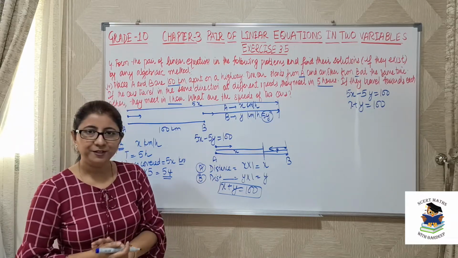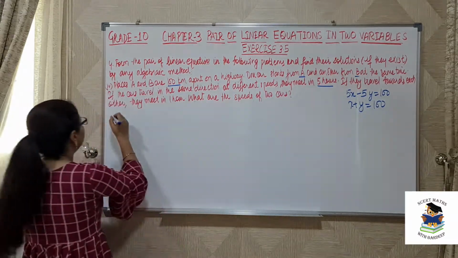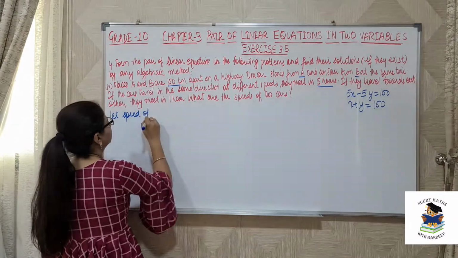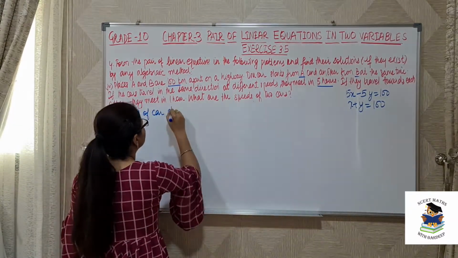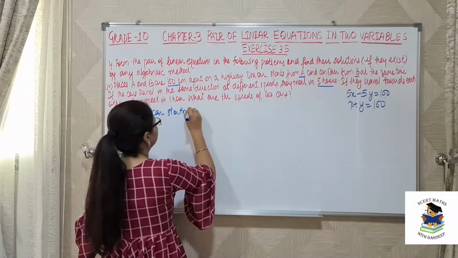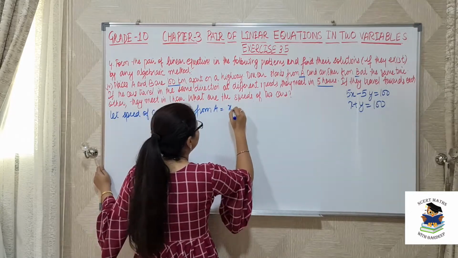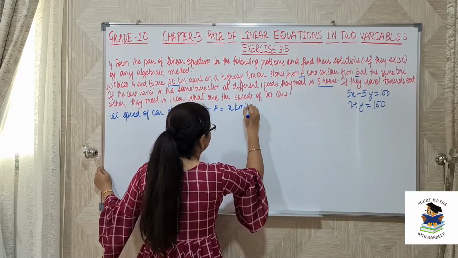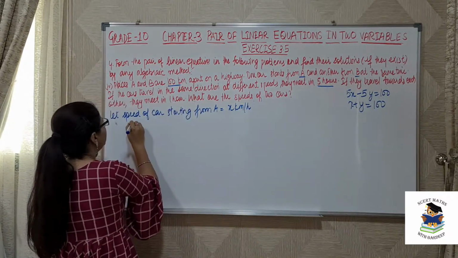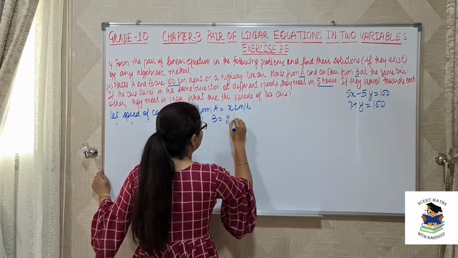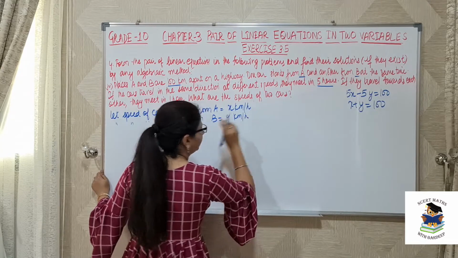So let's write it again. Now let's solve this. Let the speed of the car starting from A be x kilometers per hour. The speed of the car starting from B is y kilometer per hour.